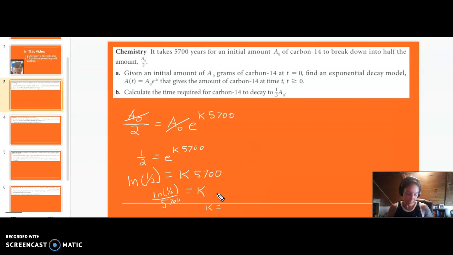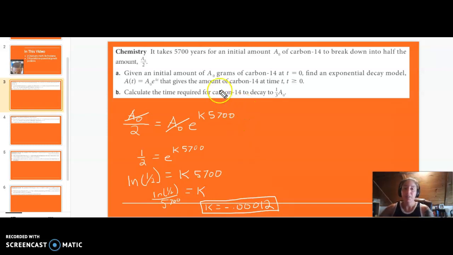So we'll do ln of 1/2 divided by 5,700, and that'll give us negative 0.00012. This K we're going to keep. This is going to be useful.